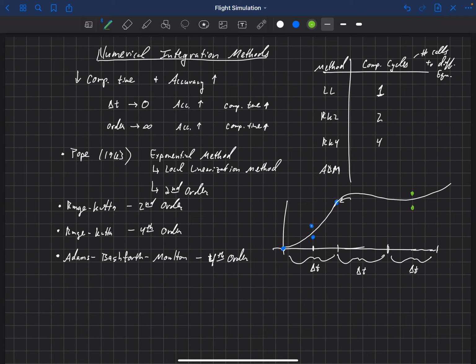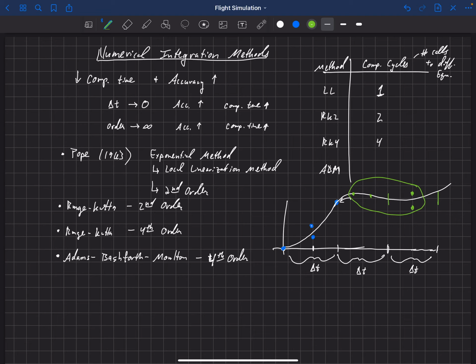So it makes 2 calls within each time step here, and then it uses information from previous time steps, and so now it has, say, 4 data points here that it can use to make some fourth order approximation for that function.